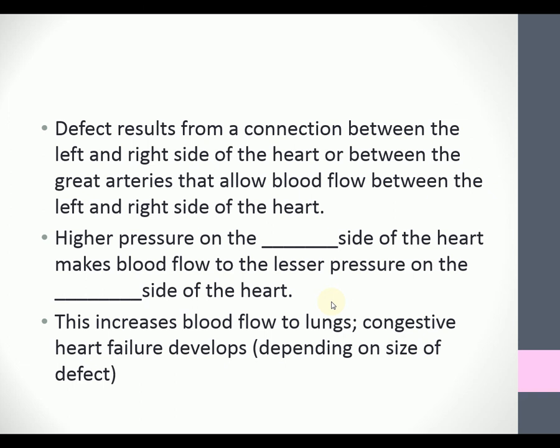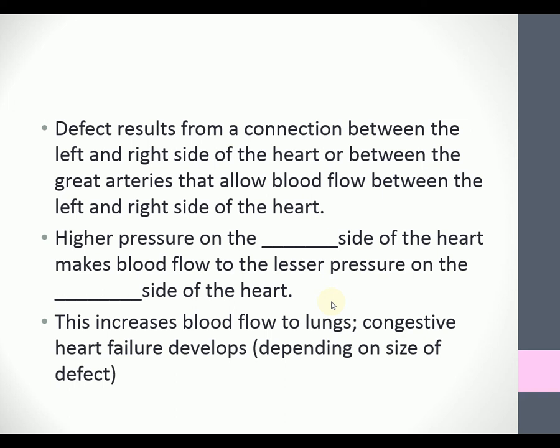We have a defect that results from a connection between the left and right side of the heart, or between the great arteries, that allows blood to flow between the sides of the heart. So if you think about this, higher pressure on which side of the heart makes blood flow to the lesser pressure of which side of the heart?